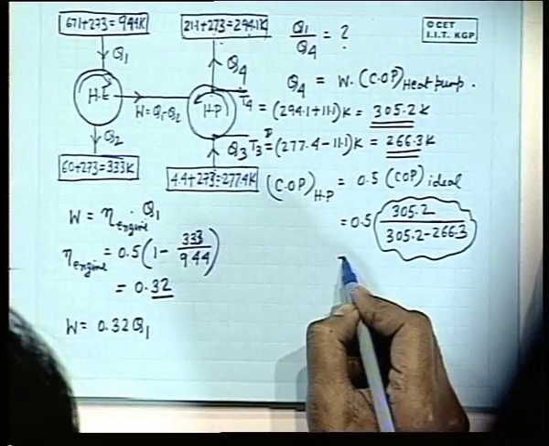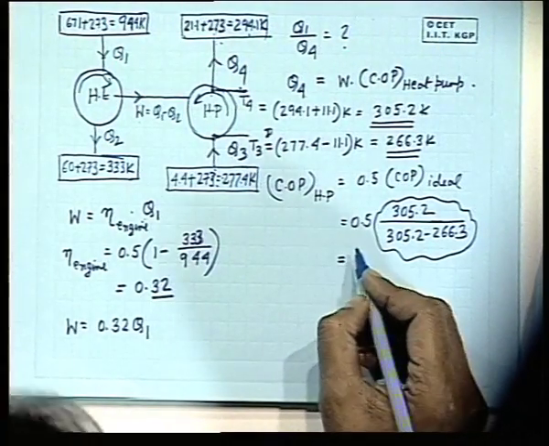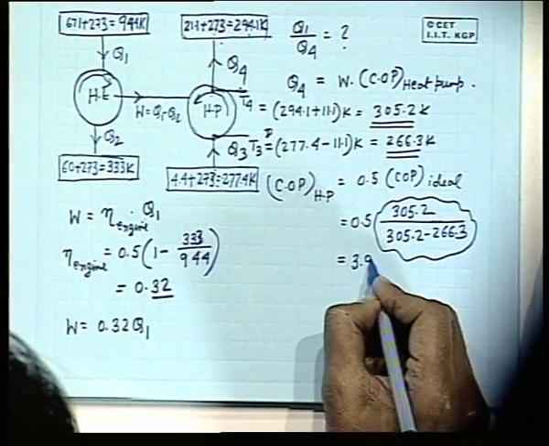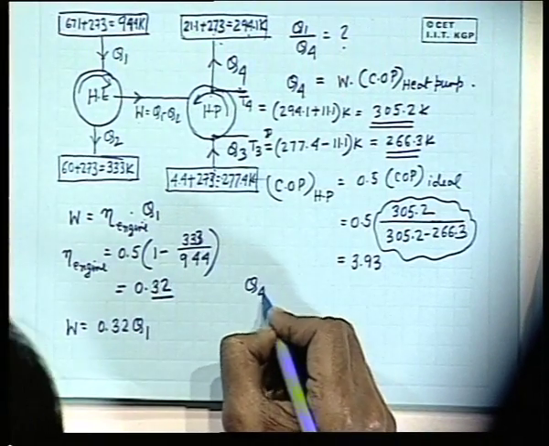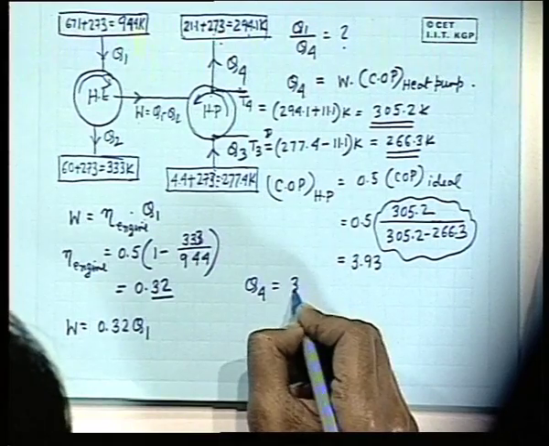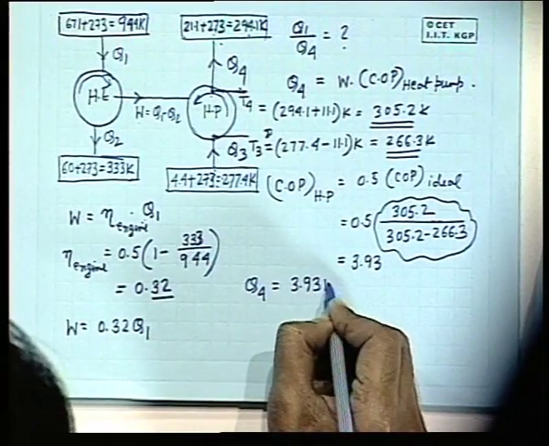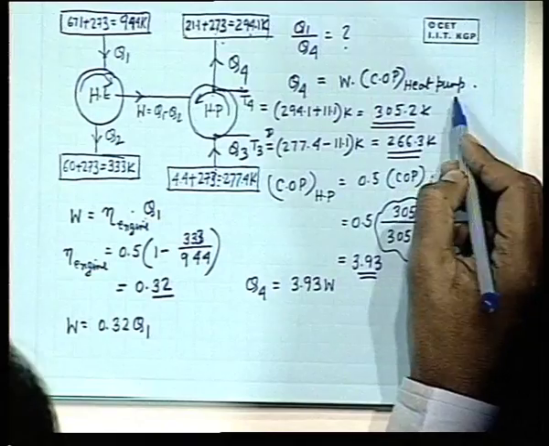So the COP comes out to be 3.93. Then the problem becomes extremely simple. Then Q4 is 3.93 W, because this is the COP of the heat pump.